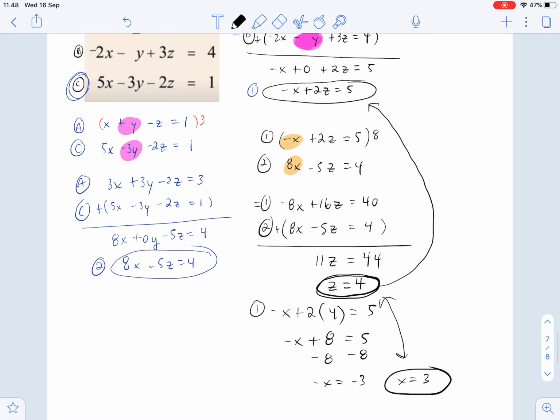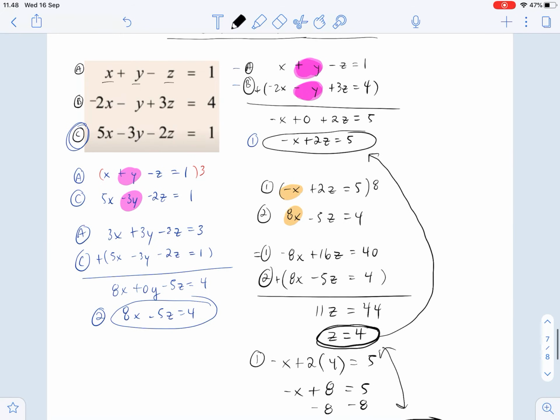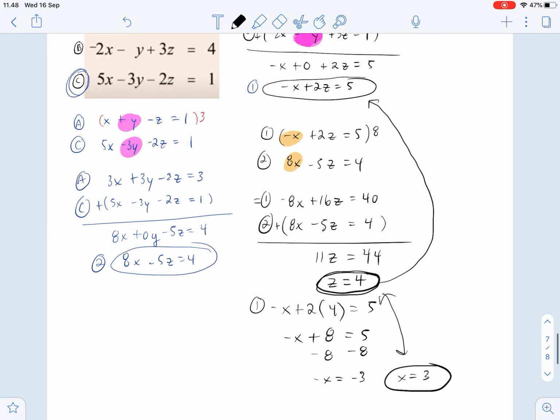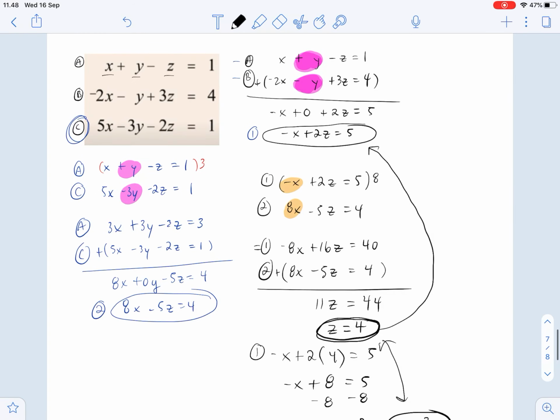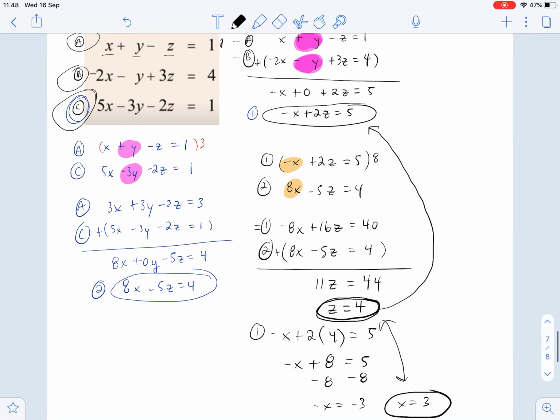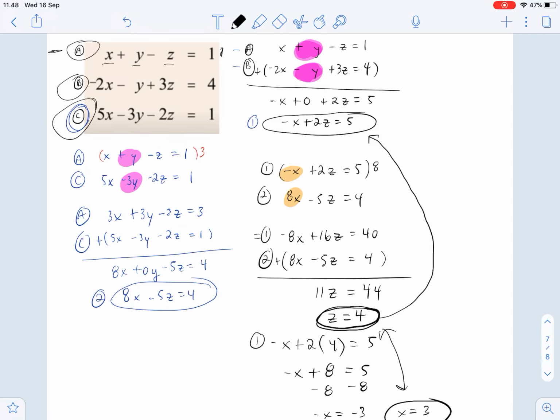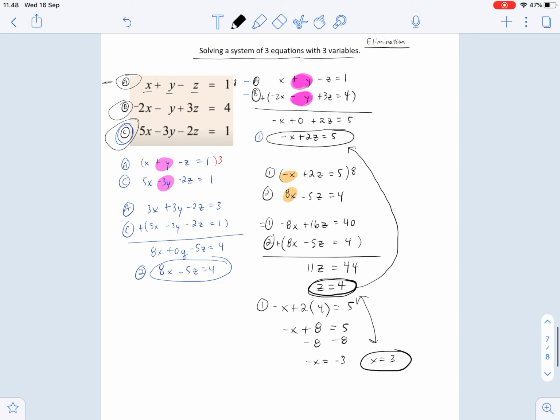That's good. That means I can use both of these to then find what y is. Out of the equations up here, A, B, and C, I'm going to use x and z, and I think A is probably the easiest one because the coefficients are just 1.